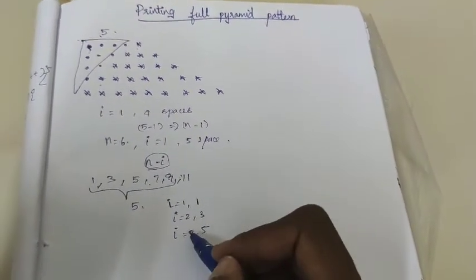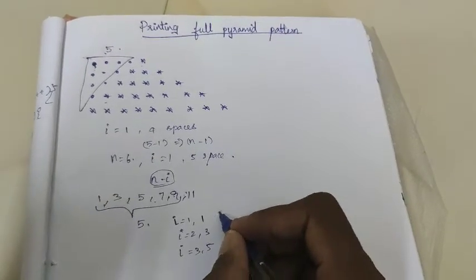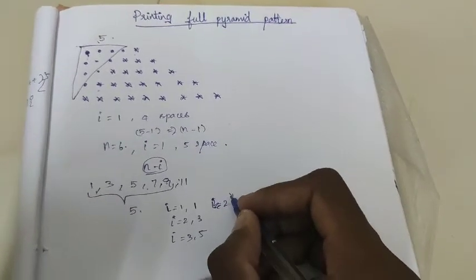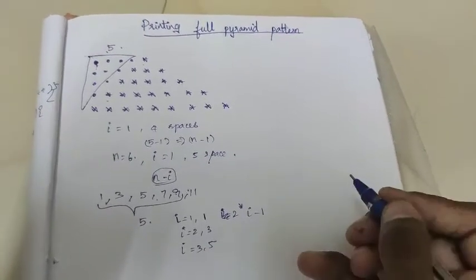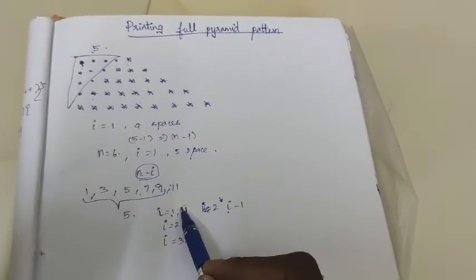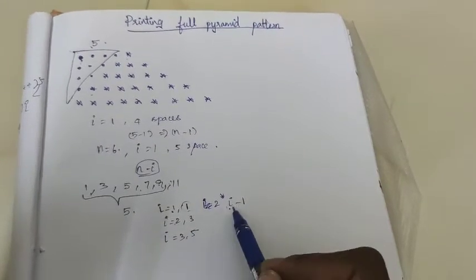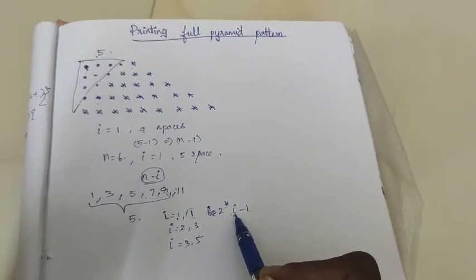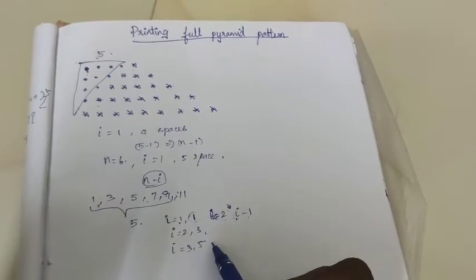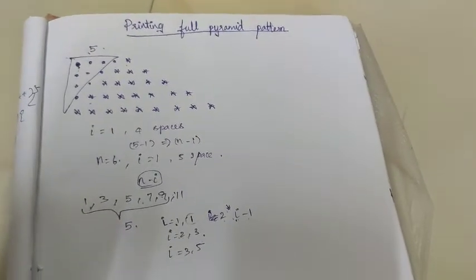So in this pattern, I can assume the number of stars is 2 times i minus 1. When I put i equal to 1, I get 1 star. When I put i equal to 2, I get 3 stars, that is 2 times 2, which is 4, minus 1, I get 3. And in a similar pattern, I get all the required stars.